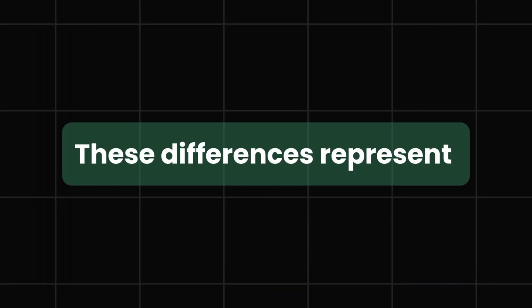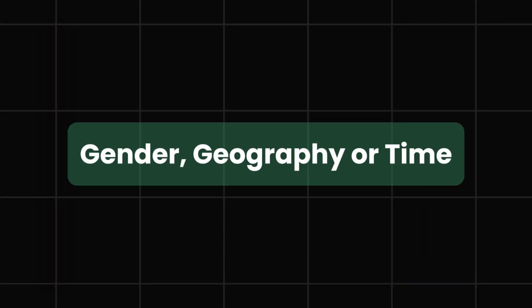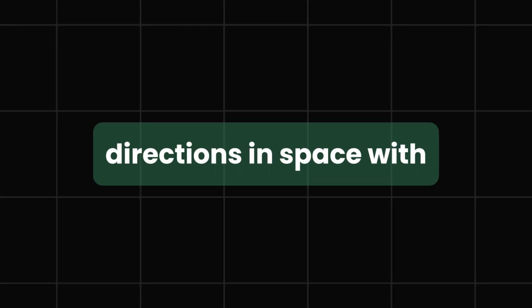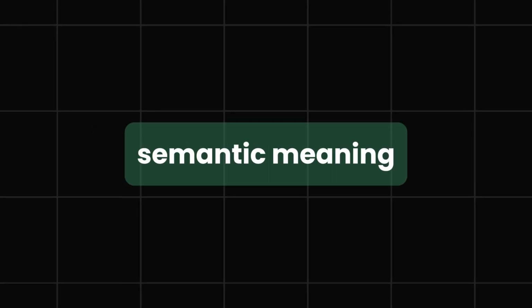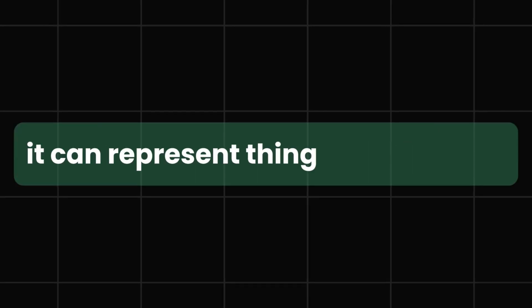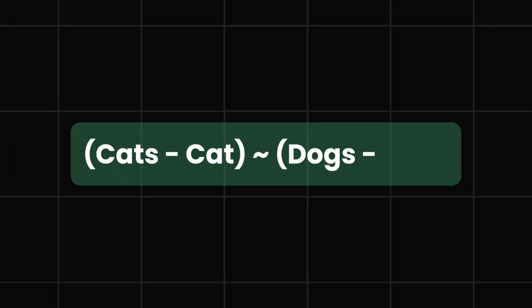These differences represent concepts like gender, geography, or time, and the model learns to associate directions in space with semantic meaning. Even more impressively, it can represent things like plurality. Cats minus cat will give a direction that can be compared to dogs minus dog.